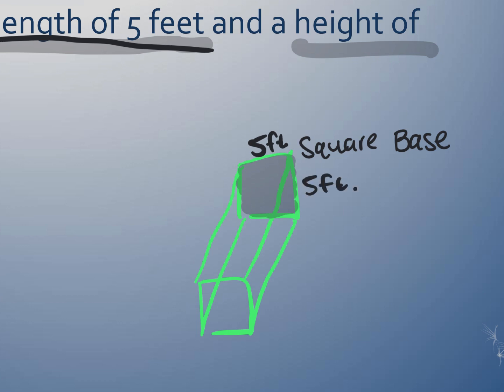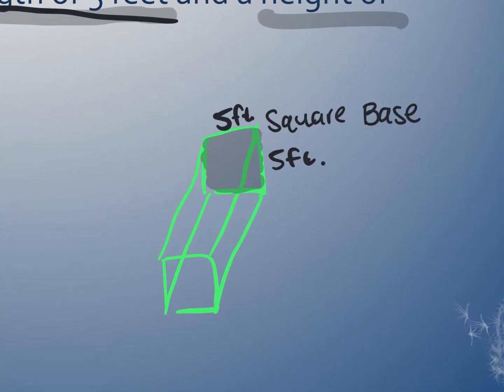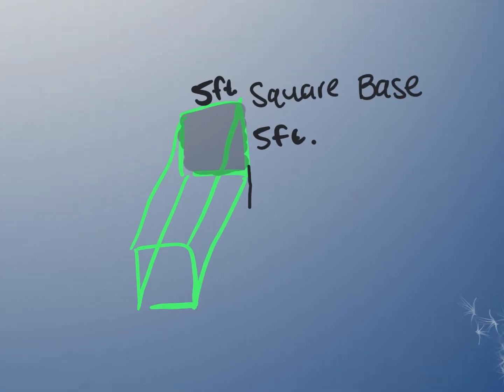And it's a square, so I know each of those sides are congruent. The height of the prism is 12 feet. So if we draw a perpendicular segment down to the base, it would be 12 feet, and this represents my height.